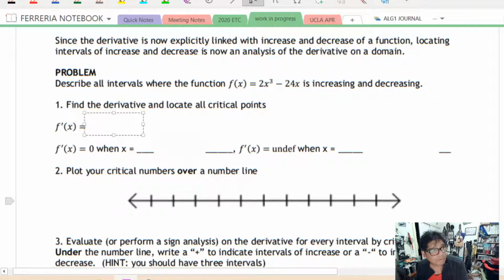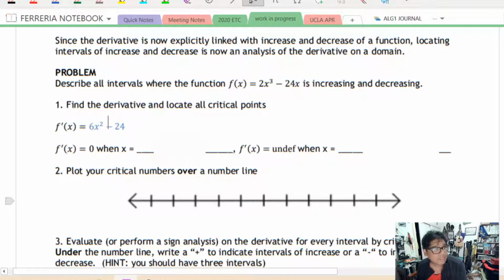Okay. So the first thing we're going to do is find the derivative and locate all critical points. What is the derivative of 2x cubed? The derivative of 2x cubed is 6x squared. What is the derivative of 24x? That is just 24.